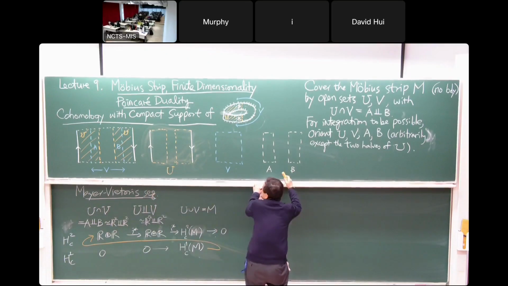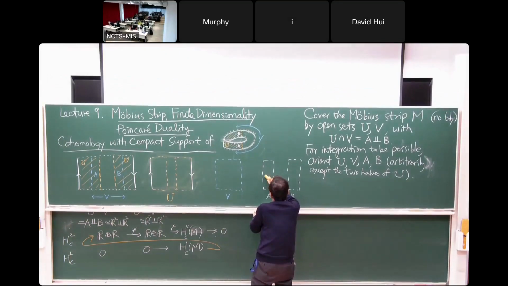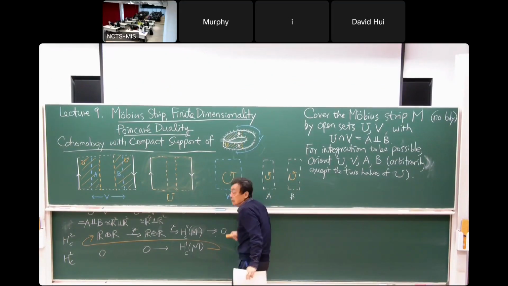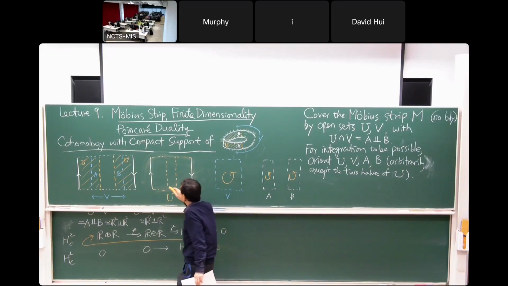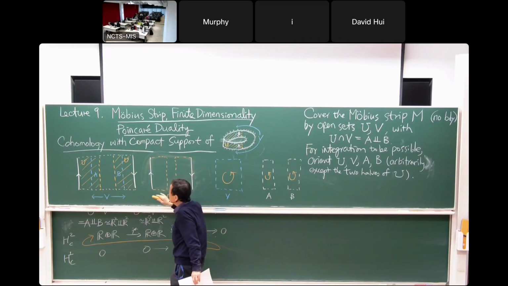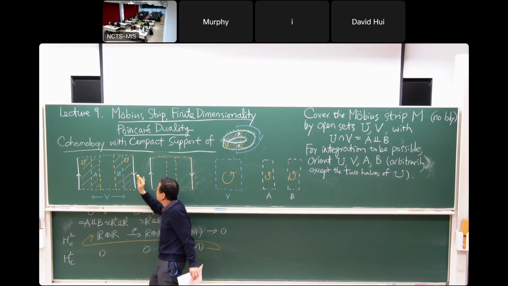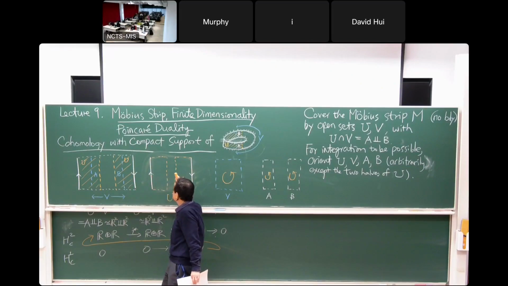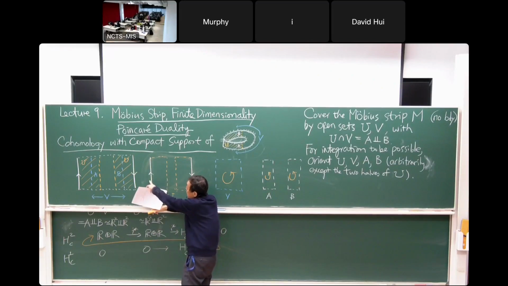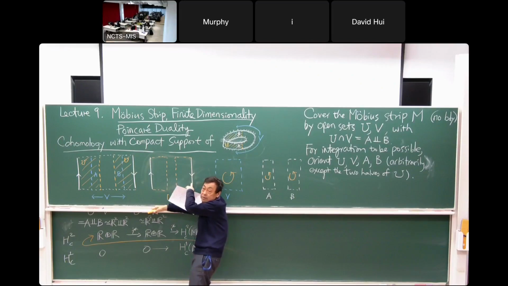I can orient them any way I like. Now here U is connected, but in the picture, it has two rectangles, because this edge here on the left is supposed to be identified with this edge here, in this particular way.